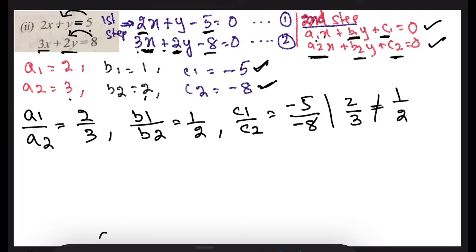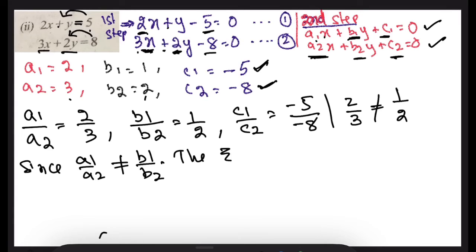So if the first is not equal, then you need not see C1 and C2. Since A1 upon A2 is not equal to B1 upon B2, therefore the equation has a unique solution.